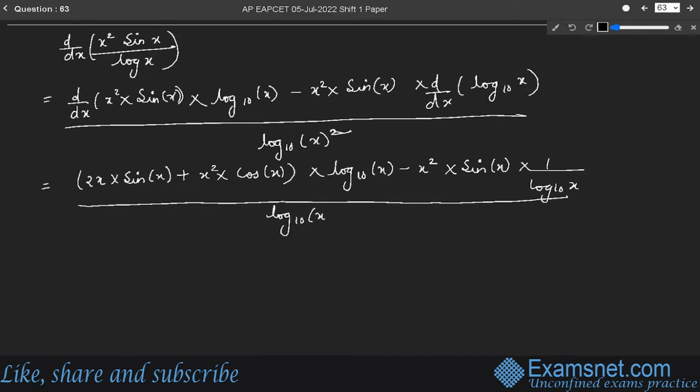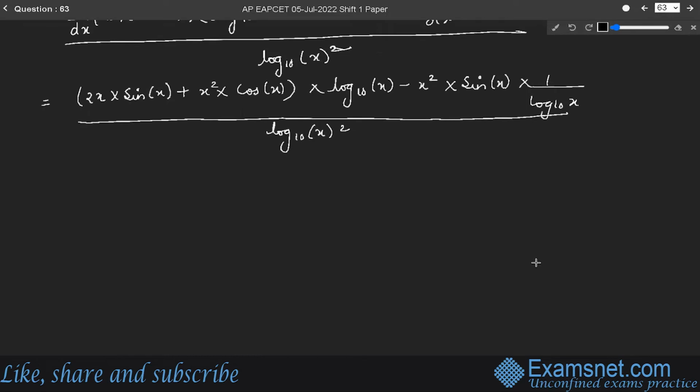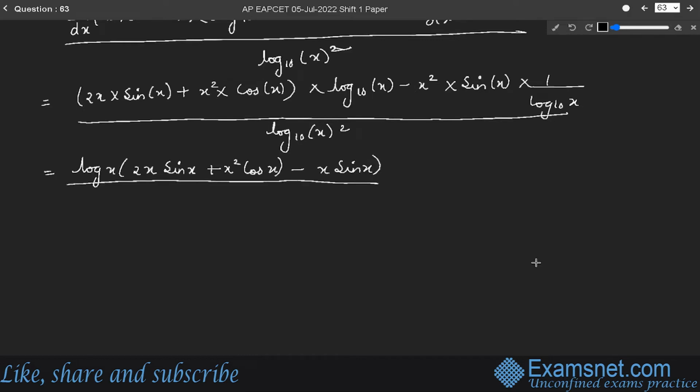log base 10 x square. On further solving this expression, it will be log x into 2x sin x plus x square cos x minus x sin x, whole divided by log base 10 x square.